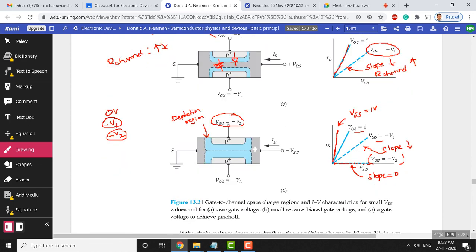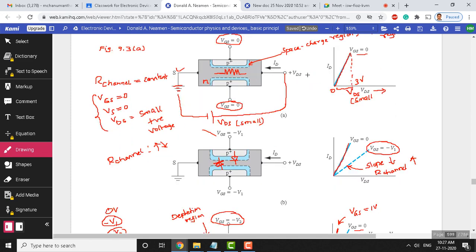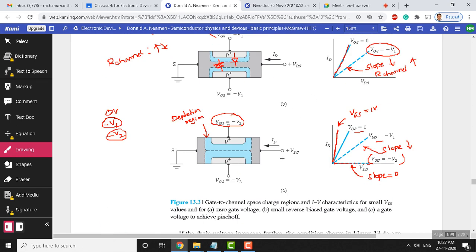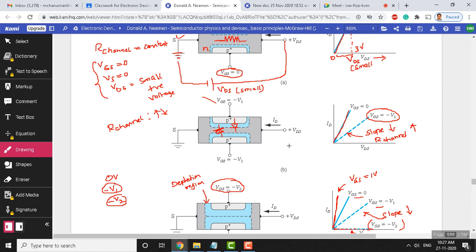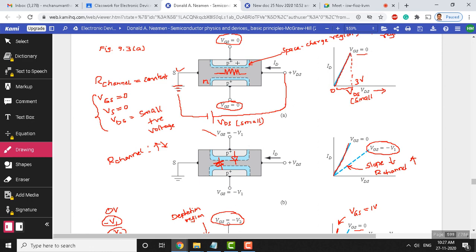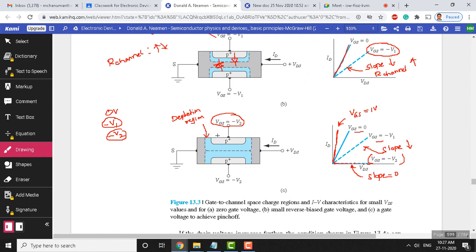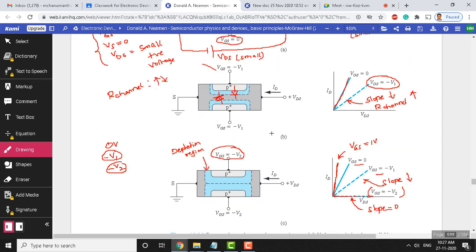The conclusion here is, we have seen only one particular case, in the sense we have seen only the gate voltage variation with a fixed or small drain source voltage. Positive drain source voltage. In all these three cases, the drain source voltage is positive, and very small of course, but the gate source voltage in all three cases, we started with 0 and then negative and more negative, and we have seen the consequence.